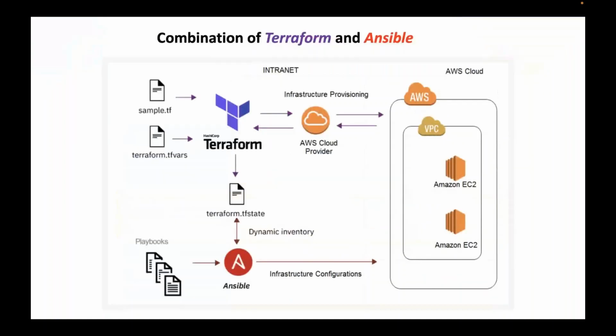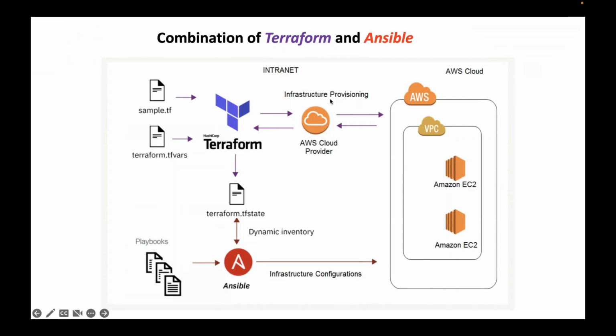And this is the simple configuration. In real time, some organizations use a combination of both Terraform and Ansible. In most cases in real projects, both will be there, Terraform and Ansible. So let's see how they are using it.